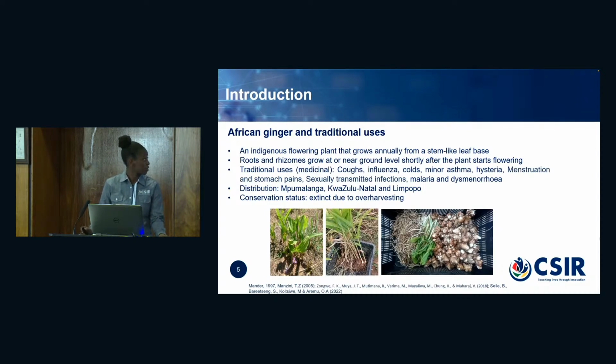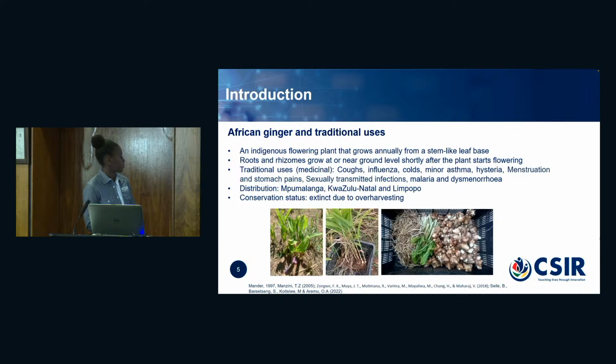The traditional uses of African ginger in a medicinal perspective that were found through literature was in the treatment of coughs, influenza, cold, minor asthma, hysteria, menstrual and stomach pains, sexually transmitted diseases, and malaria. The distribution of African ginger is restricted in South Africa to the Mpumalanga, KwaZulu-Natal, and Limpopo provinces. However, sadly, these wild-growing African ginger plants have become extinct due to overharvesting.